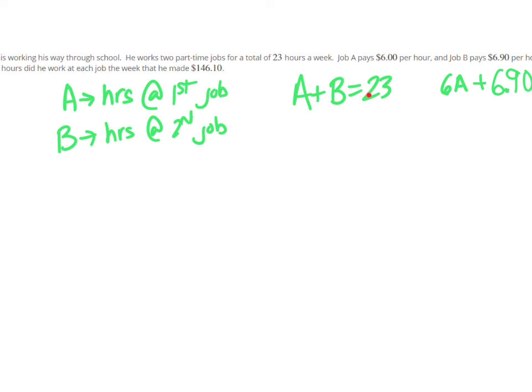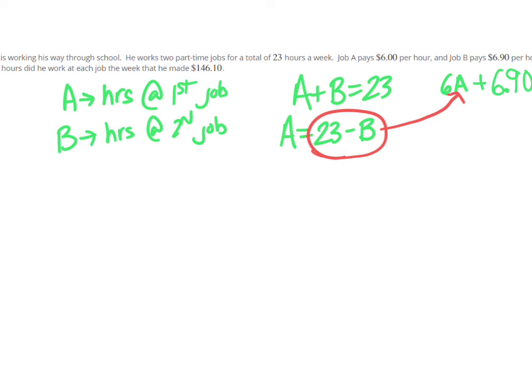This equation I'm going to work with because it's simpler. I'm going to go ahead and just subtract B to the other side. So I have A equals 23 minus B. And I'm going to take this right here and substitute it in for A in the other equation. But I had to get that A by itself first. Remember doing that with substitution?